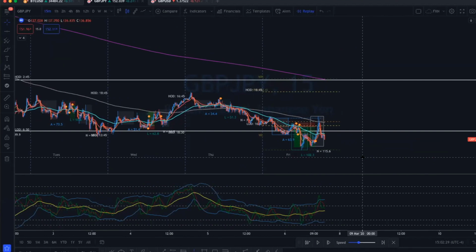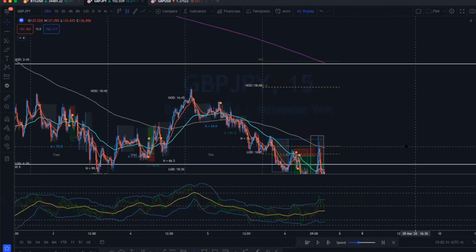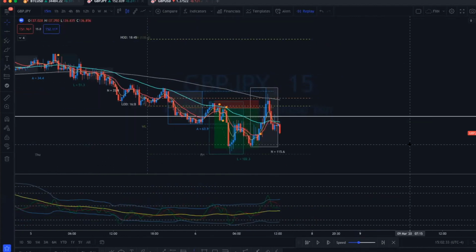Think about it like this: the rules that I give you for entries and stuff like that are the rules to get you the best possible trade, right? But the best possible trade doesn't happen every single day. But if you backtest one pair specifically and get to know how it behaves, then because of the backtesting you've done, you know things about that pair that nobody else knows.